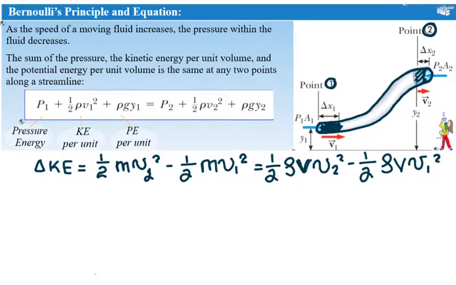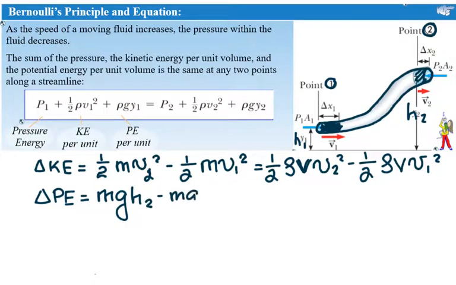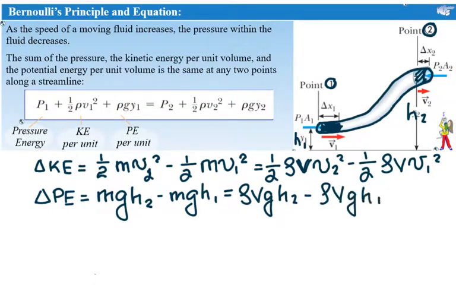And then there's also the change of the potential energy. The potential energy is equal to mgh. So I'm going to call this h2 and this h1: mg h2 minus mg h1. And because we're also talking about the volume of the water with the density, mass is going to be replaced with density times volume: density volume g h2 minus density volume g h1.